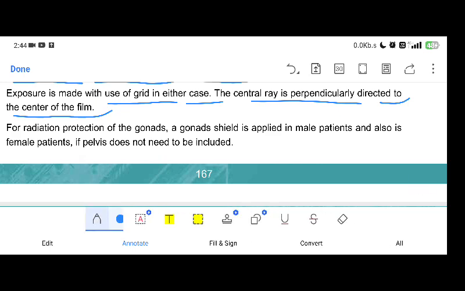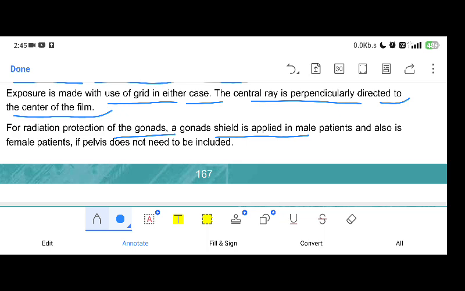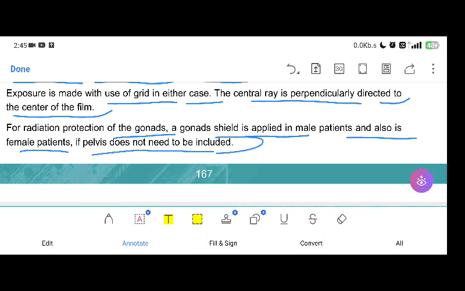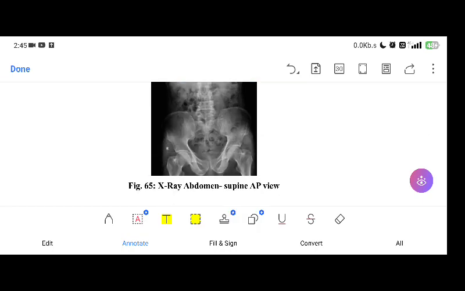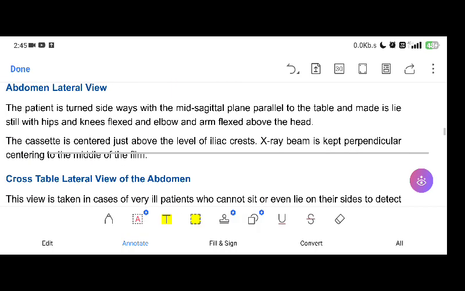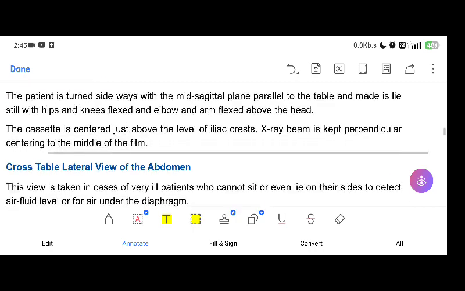For radiation protection of the gonads, a gonad shield is applied to male patients and also to the female patient if the pelvis does not need to be included. And this is the abdomen AP supine view, and the abdomen lateral view.